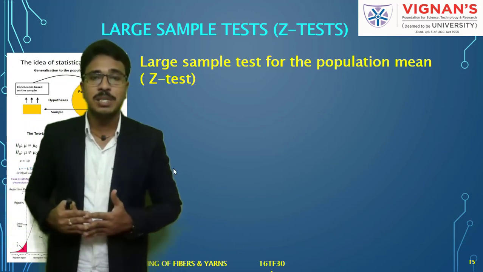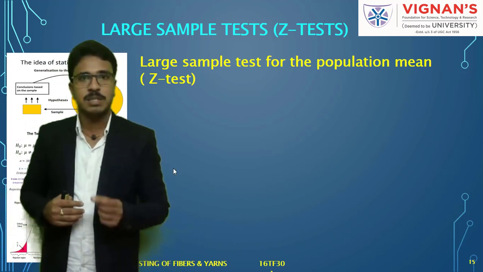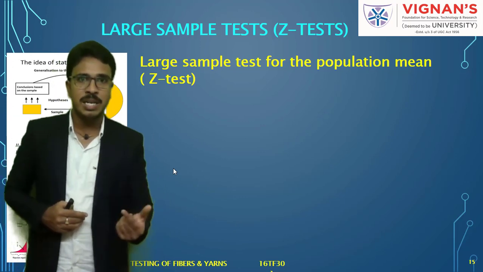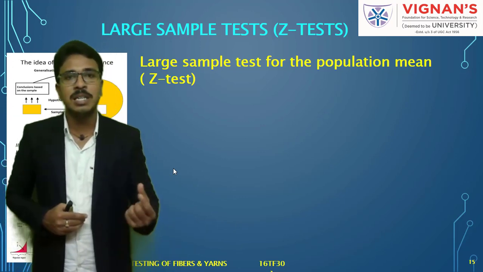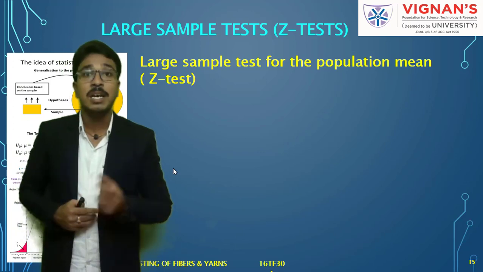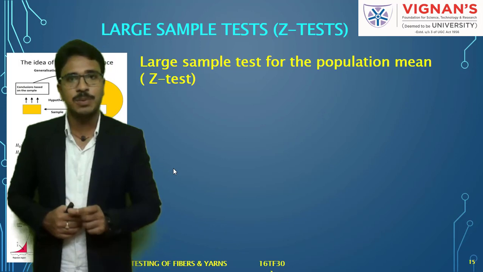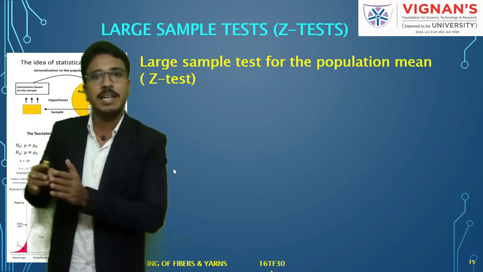The alternative hypothesis is where there is a difference. As the name itself says, it is an alternate to the null, and we represent it with H1. That means there is a difference.